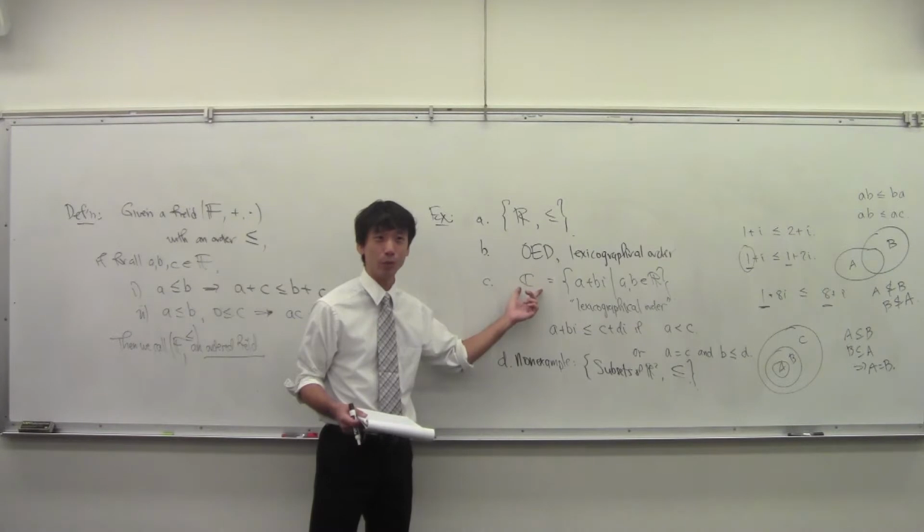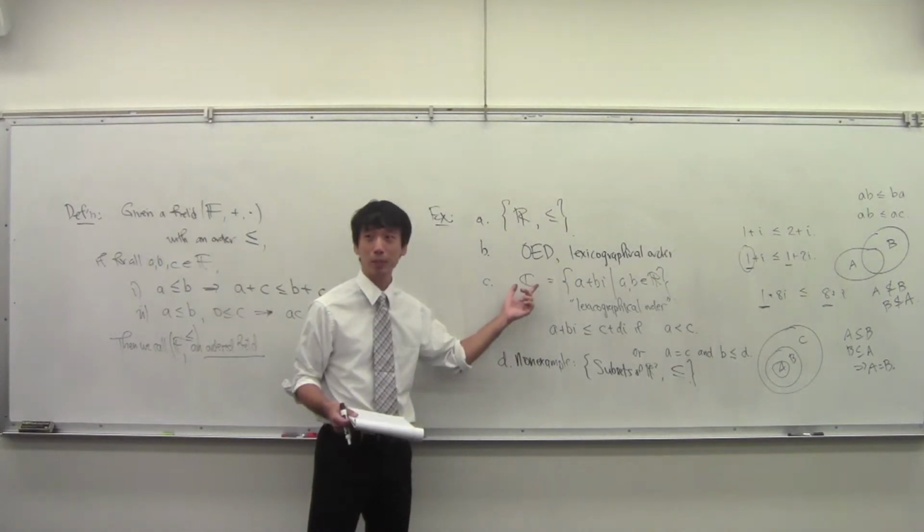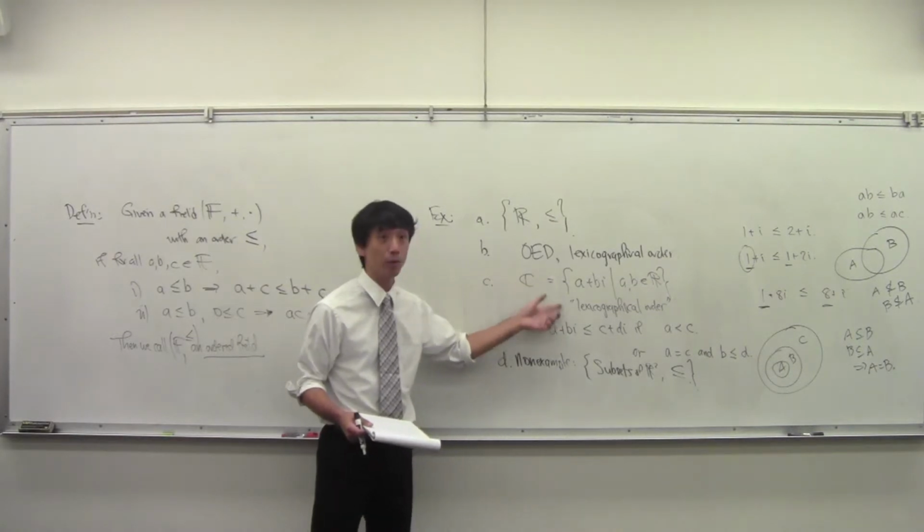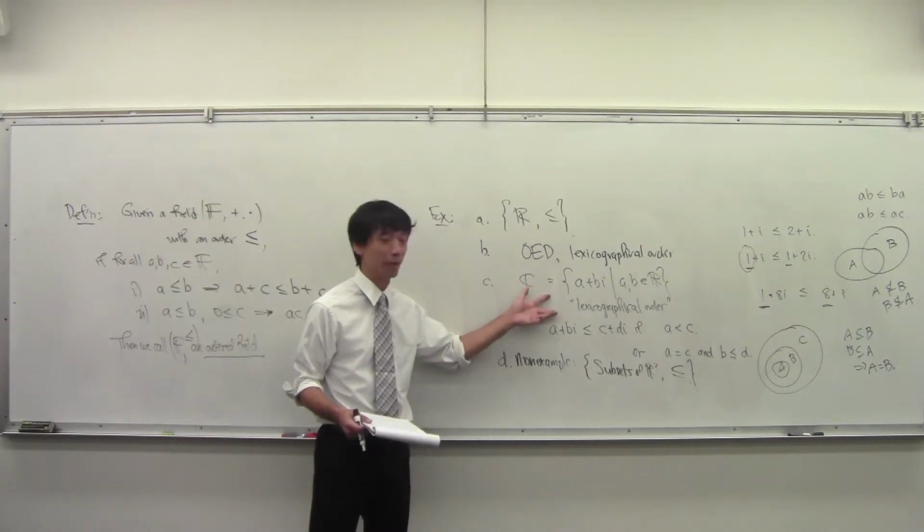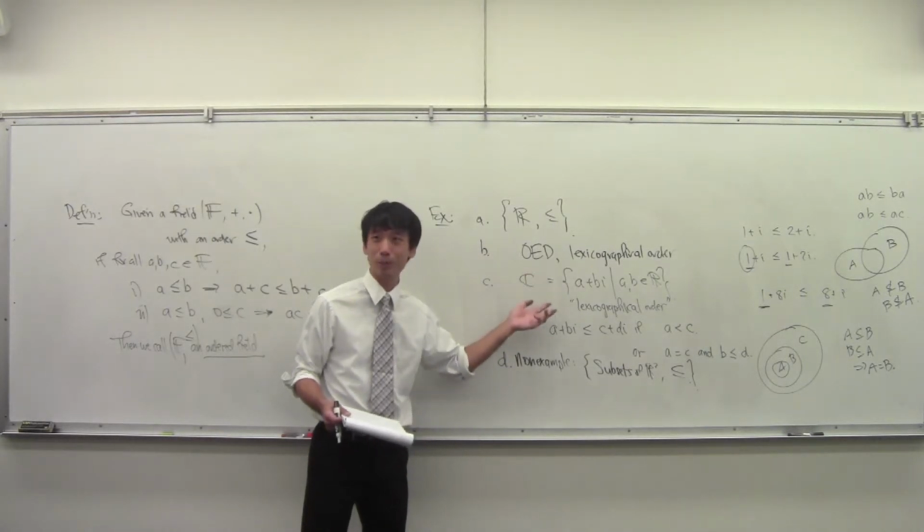Okay. So for example, one of the homework problems, I think, is to show that C, the complex numbers, cannot be made into an ordered field. You see that we can put an order on it, the lexicographical order, but that doesn't make it into an ordered field, and in fact, it's impossible to.